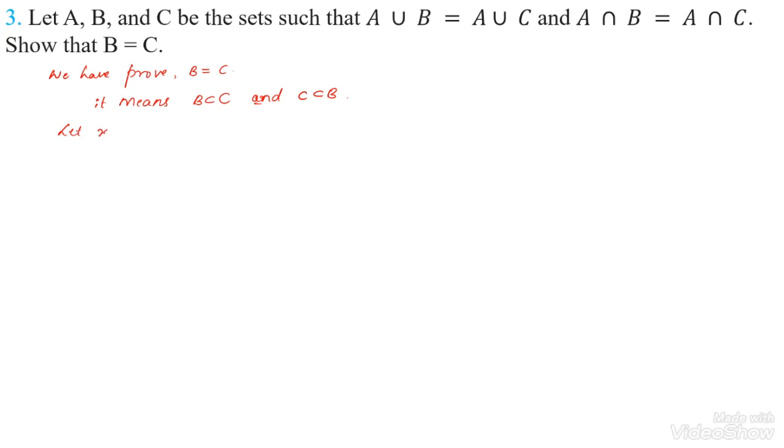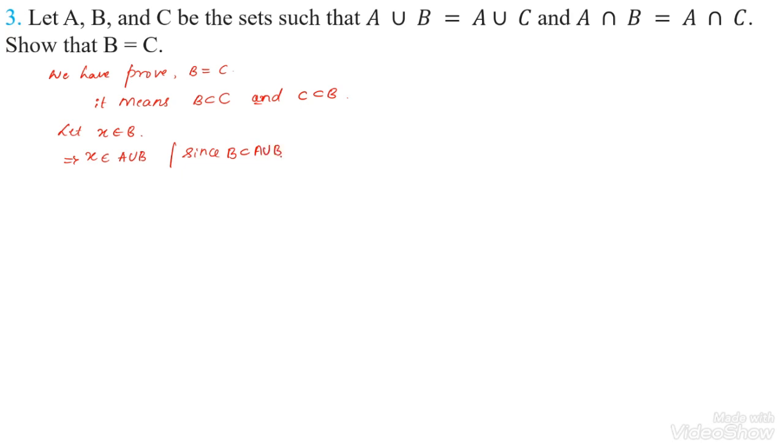Now let's consider an element X which belongs to B. X being an element of B means it is also in A union B. According to the properties, B is a subset of A union B.